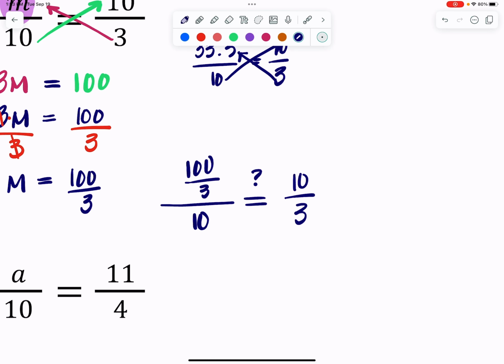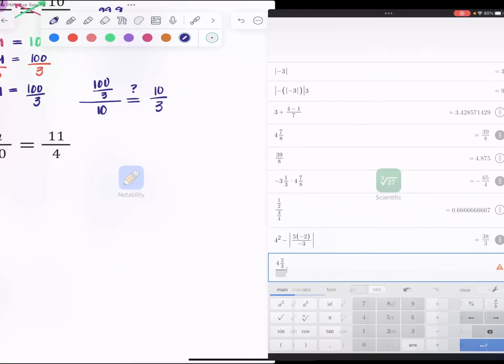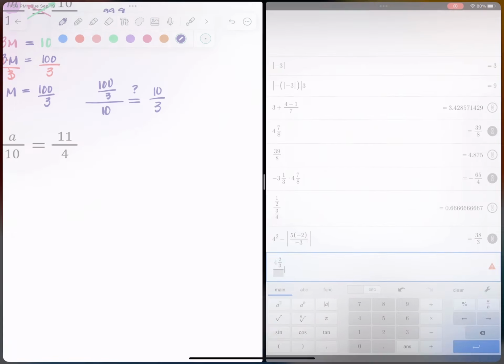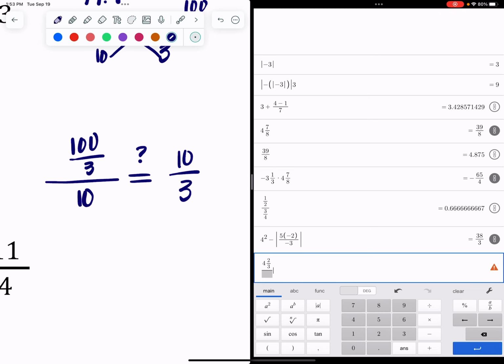Now you guys have access to Desmos Scientific, so I'm going to pull that up over here on the right side of my screen. I'm going to cross multiply. So I'm going to do 3 times 100 over 3.